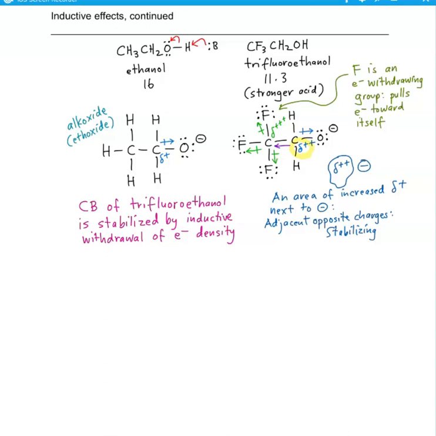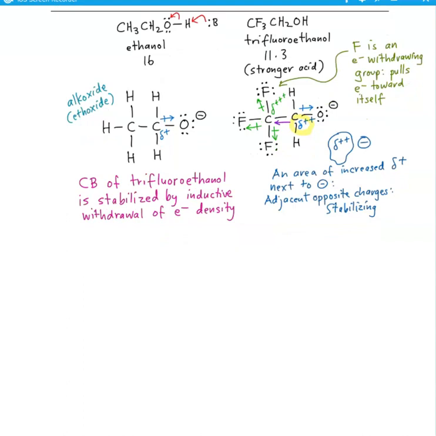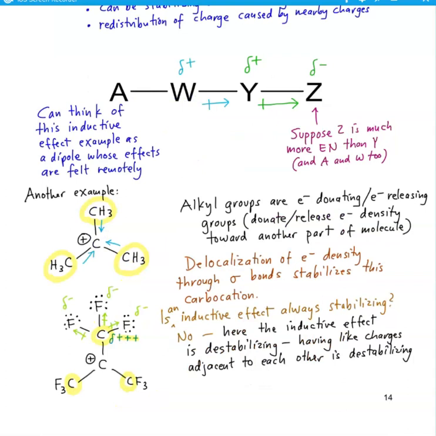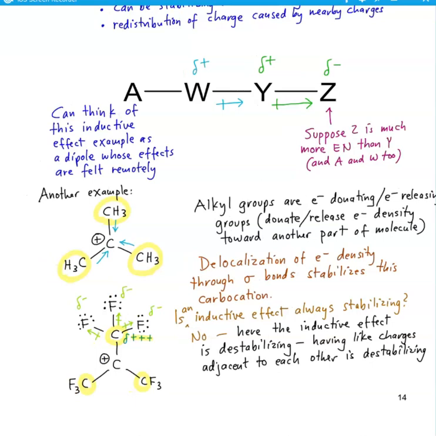Let's go back to the other page and take a look again at the examples that we worked through originally. Okay, so these two examples, the two carbocations. In the first example, the carbocation is stabilized by an inductive donation of electron density. And in the second example, the carbocation is destabilized by an inductive withdrawal.